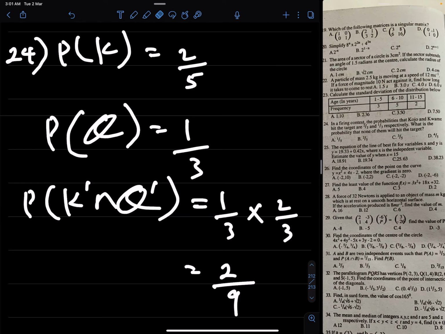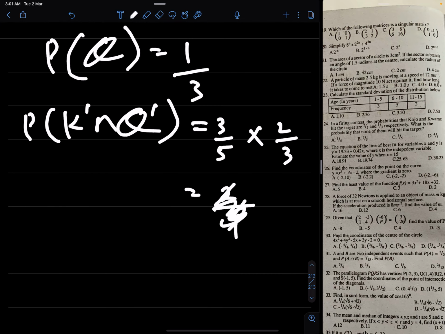So the probability that Kojo doesn't hit it is 1 minus 2/5, and that means 3/5. So the probability that none of them hits it is the probability that Kojo doesn't hit it and Kwame doesn't hit it, which is 3/5 times 2/3. 3 cancels 3, and we are left with 2/5.